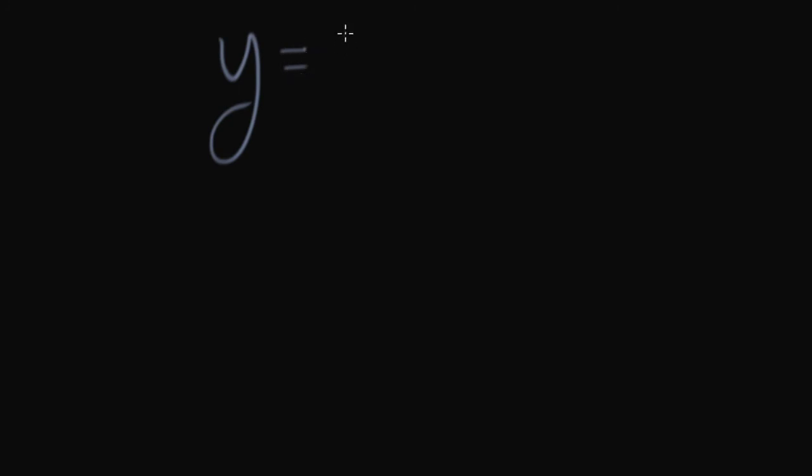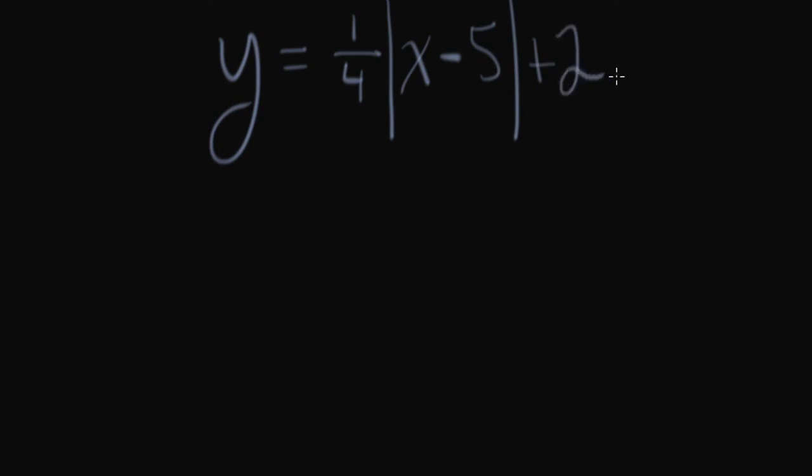So if I gave you something like 1/4 times the absolute value of x minus 5 plus 2, then that is going to start to say that my vertex is going to be 5, 2, and it's going to open upwards and be very wide.